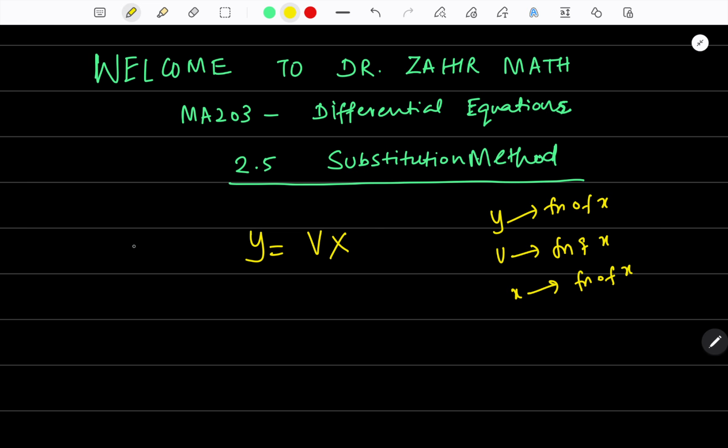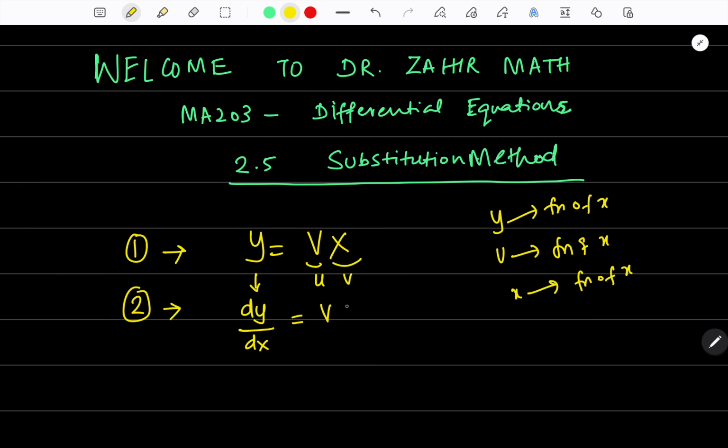So first step, put y is equal to vx. And the second step, I'm going to take the differentiation with respect to x. What's the differentiation, dy by dx? I said v is a function of x and x is also a function of x, so we are going to use the product rule.